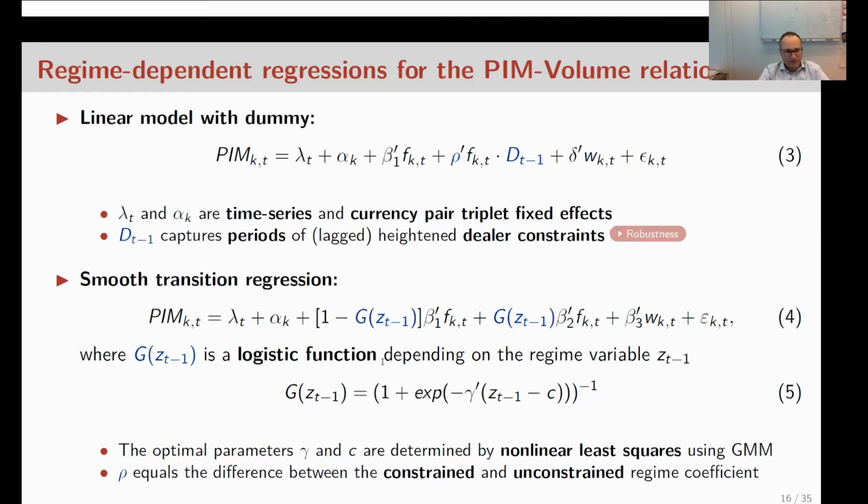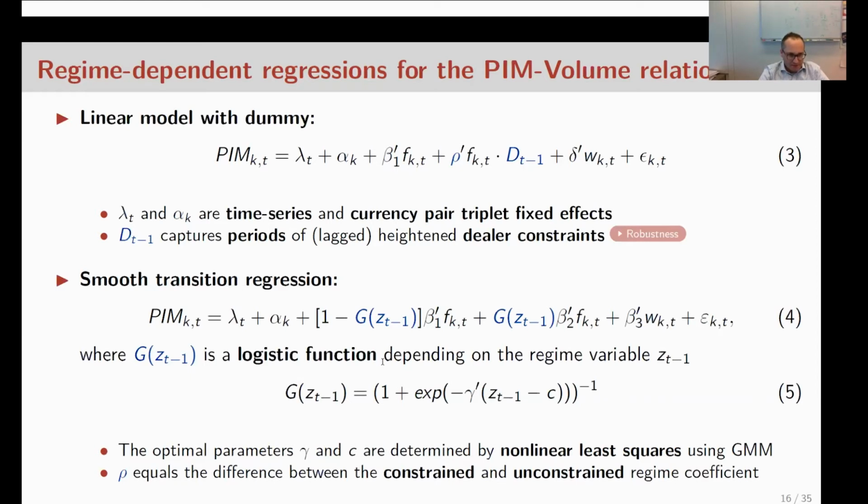We also have time series fixed effects and currency pair triplet fixed effects in these regressions. And also, as a control variable, we include realized volatility. Note that we're running these regressions in changes, so in log changes. So all of these variables are in log changes.